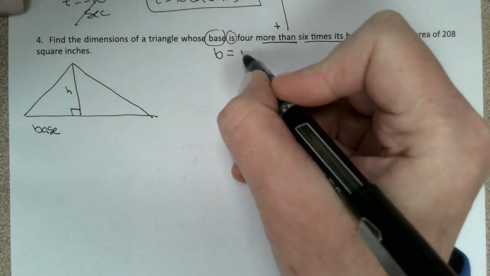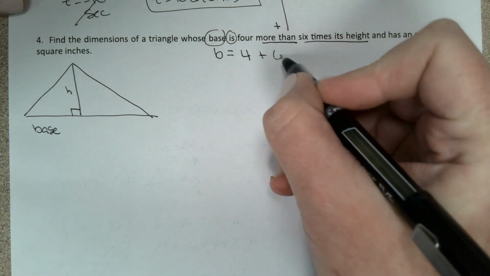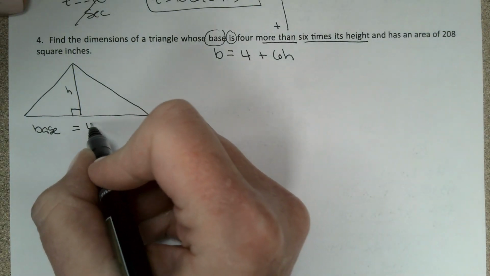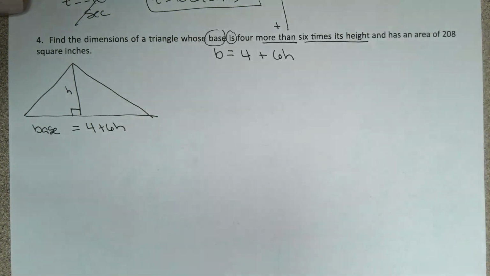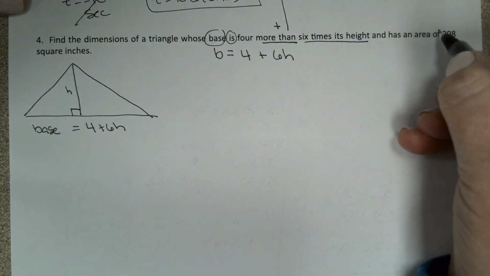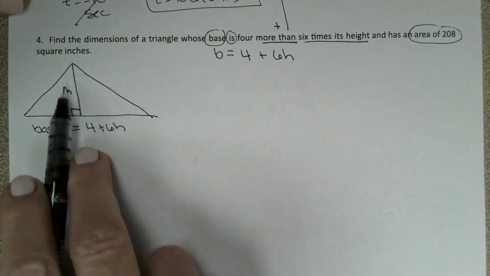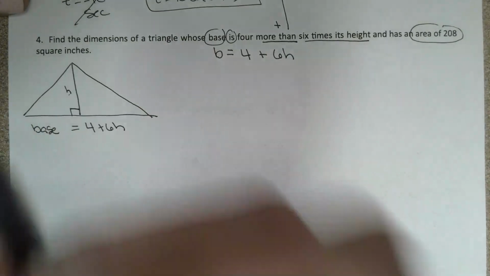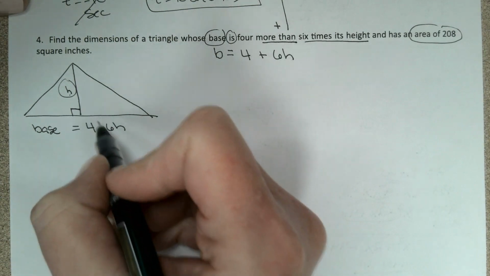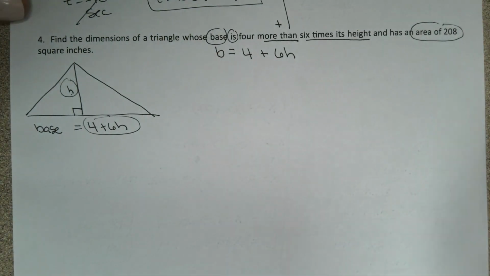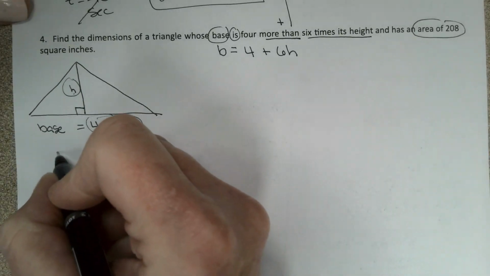So the base equals 4 plus 6h. It has an area of 208. So it never says anything about the height. So the height is just h, and the base is going to be 4 plus 6h.